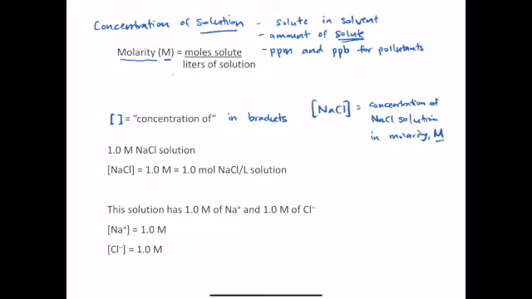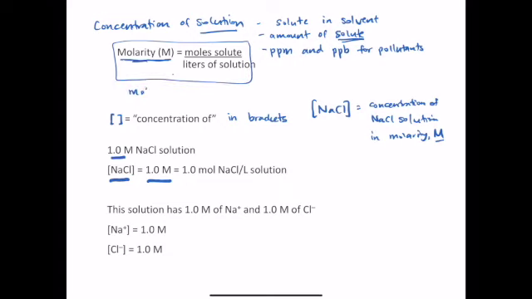So if you have a 1.0 molarity solution, you could put [NaCl] = 1.0 M, where M means molarity.